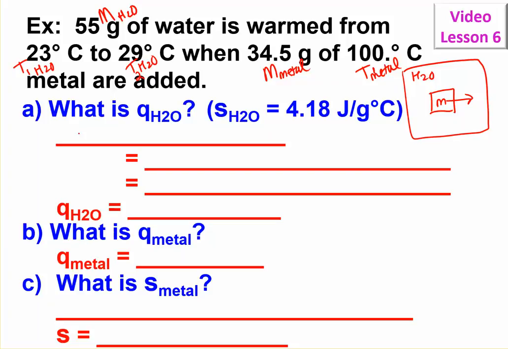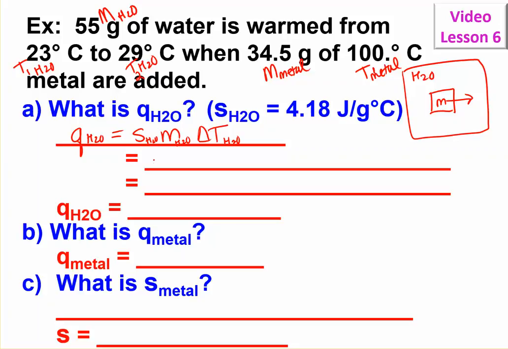The equation that we use is that Q, and we're looking at the water, equals SM delta T. And when I plug in my numbers here, I need to make sure that I'm using the numbers for the water.